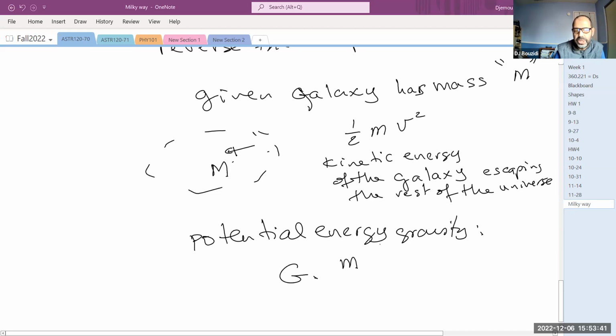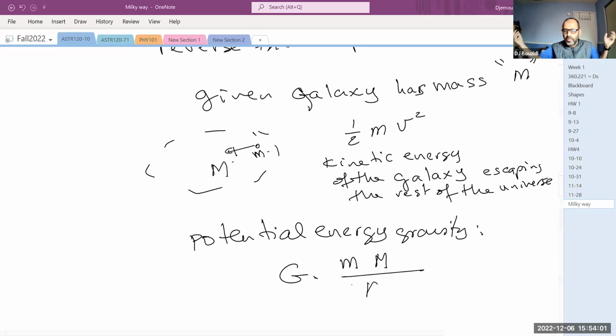This is its potential energy with respect to the rest of the masses, times the mass of all of the other galaxies combined, which is the mass of the universe really, divided by how far this one is from the center of the universe. So ultimately it was at a distance r, and now it has moved to a distance r from the rest of them, trying to escape everything.